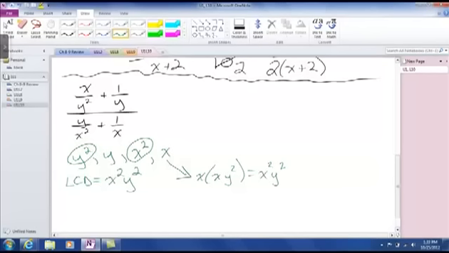Okay, so here's what we're going to do. We're going to do what we did in the last lesson. We're going to take this x squared y squared and multiply every term by it. Okay, now let's cancel out what we can cancel out.